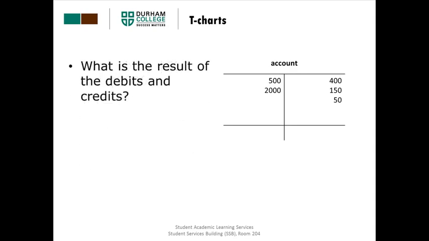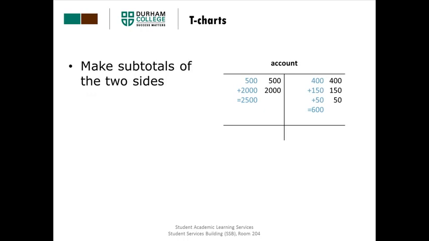That's wonderful and all, but what is the result of all those debits and credits? We know that debits and credits work just like combining left and right. To find out the result, we start by making subtotals of the two sides. We have $2,500 on the debit side and $600 on the credit side.